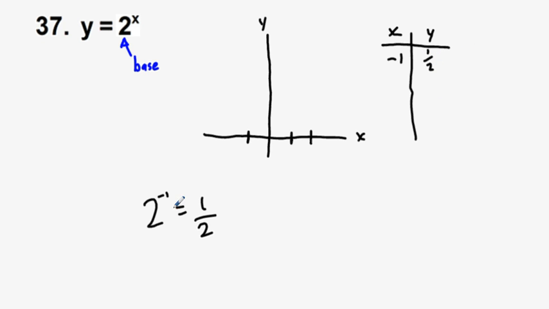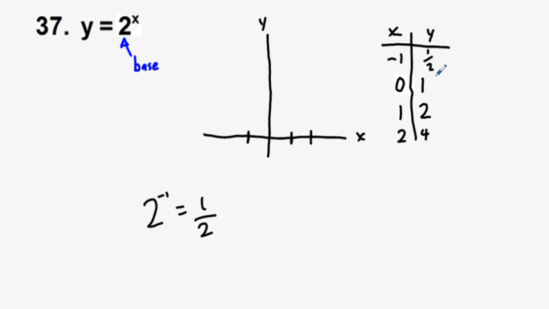If we plug in 0 for x, we have 2 to the 0 power. Well, anything to the 0 power is 1, so 0, 1. If we put in 1 for x, we have 2 to the first power, which is 2. If we put in 2, we have 2 to the power of 2, which is 2 squared, which is 4.